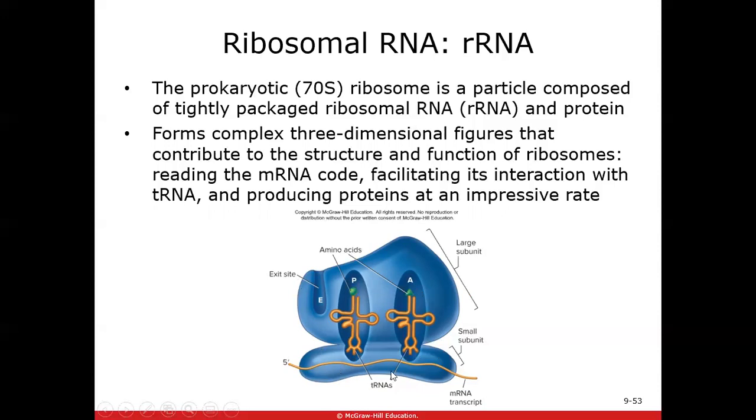Ribosomal RNA is blue, that kind of holds them all together. Messenger RNA carries the codon, which is directly from the DNA, and then you have the tRNA, which has the anticodon and the amino acid.